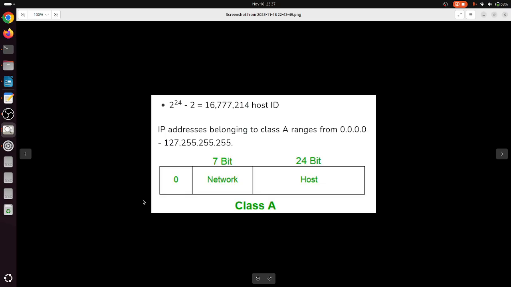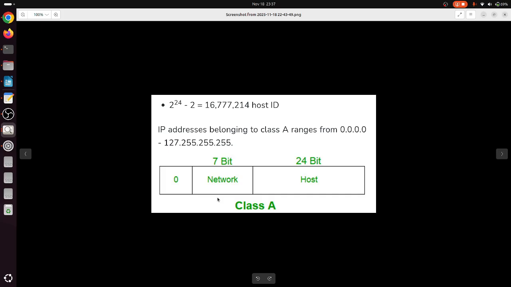When we go with class A, the first bit starts with 0, and the rest can go until the last 7 ones. So the network can range from 0 to 127, and the rest will be the host.